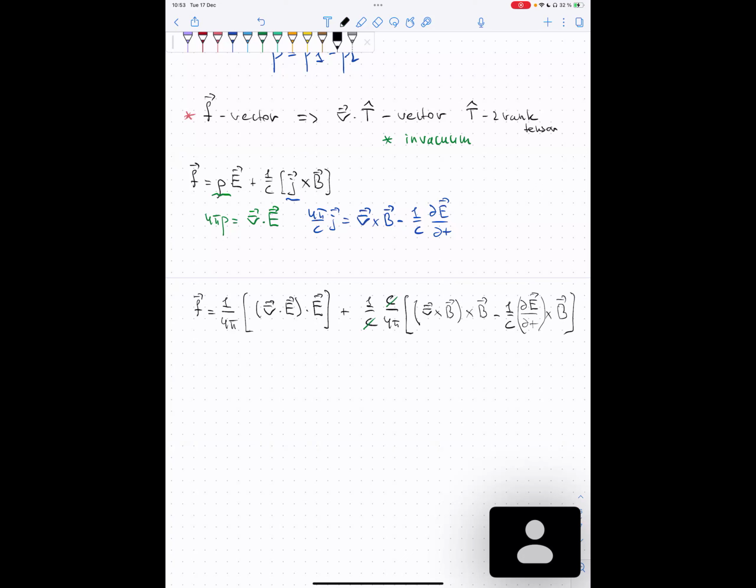The next thing that we do, we say that the time derivative of the following expression, E times B, can be written in the following way: dE over dt times B plus E times dB over dt.